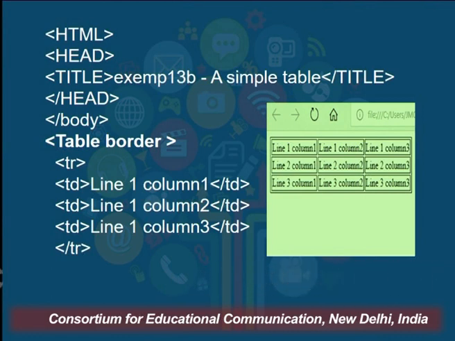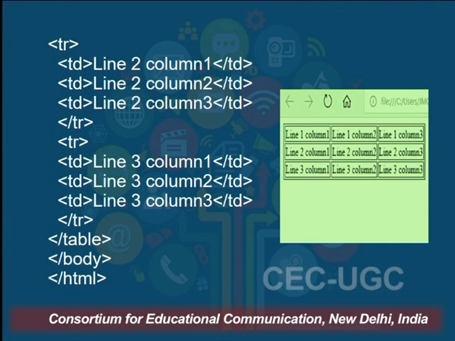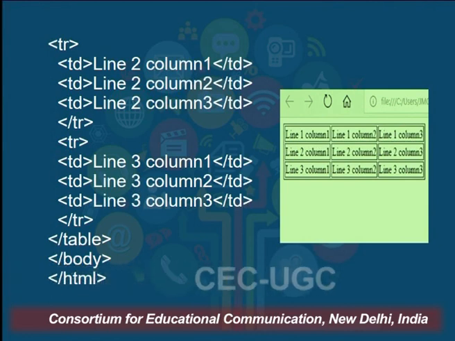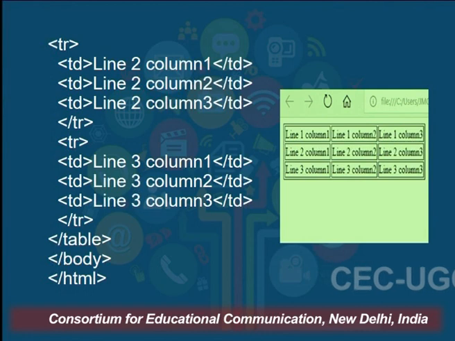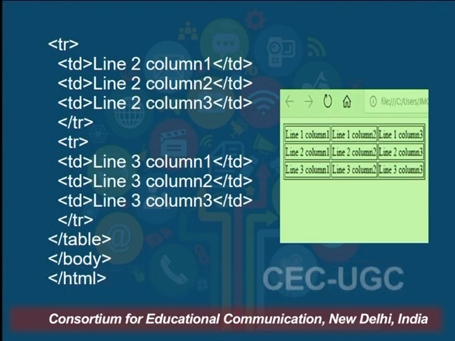So when you close the TR, the first row is ending, and then you begin with the second row, and likewise you will specify the 3 columns for the second row, and the 3 columns for the third row, and then eventually you will close the table tag so as to tell the browser that the table is now complete, and whatever will follow will come outside the table, right.